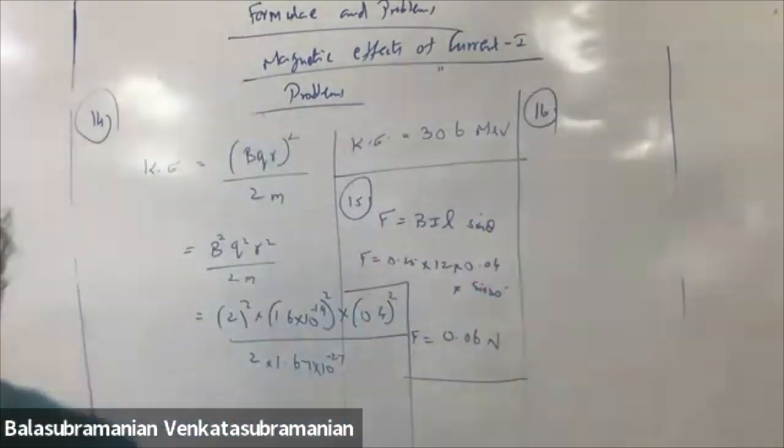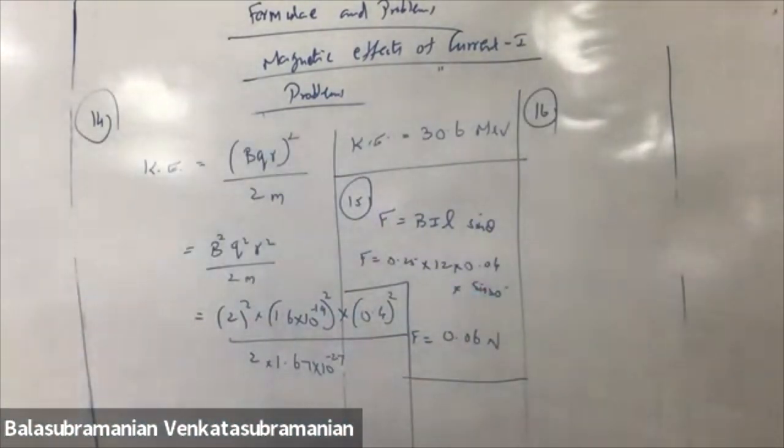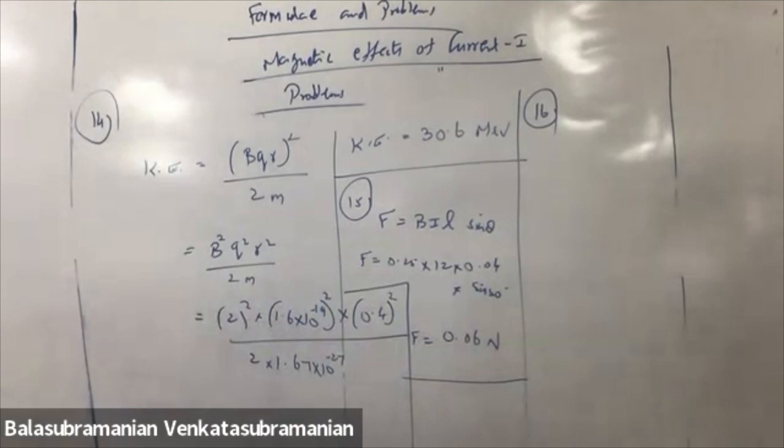16th problem. A conductor of length 10 centimeter is placed perpendicular to a uniform magnetic field of strength 100 oersted. If a charge of 5 coulomb passes through it in 5 seconds, find the force.